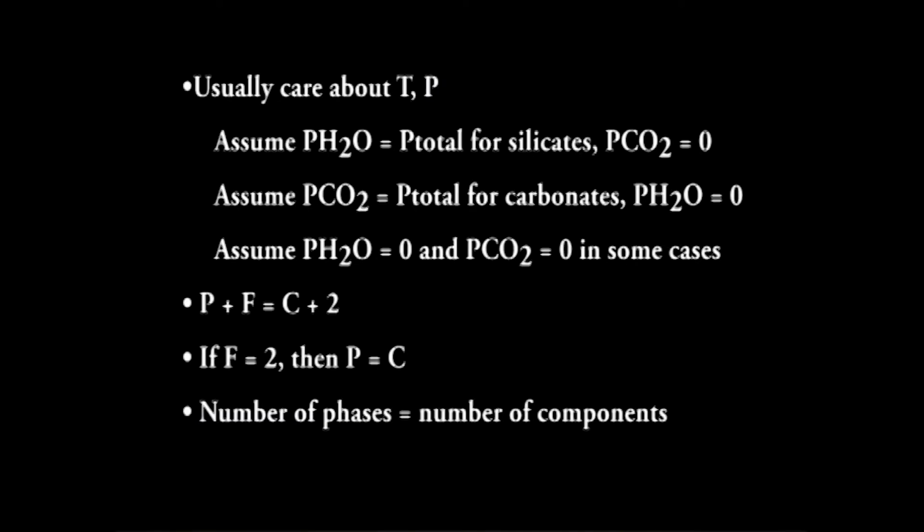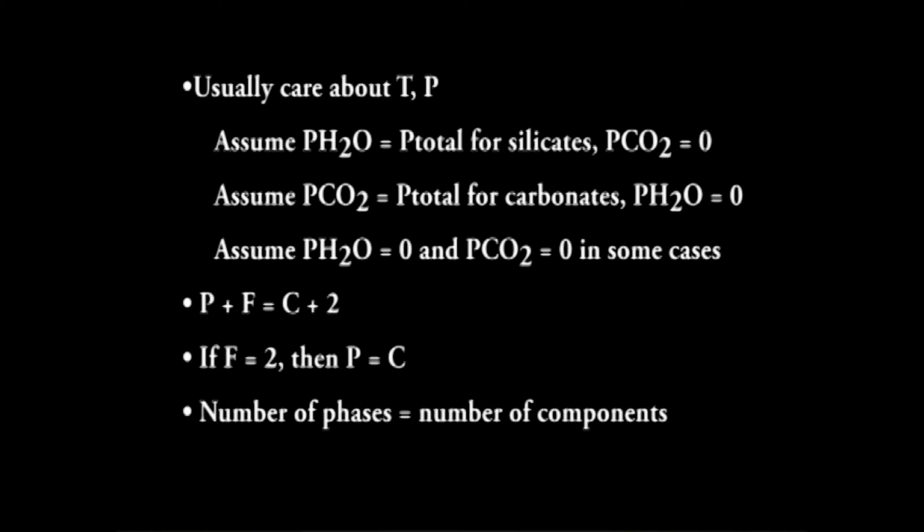Usually we care about pressure and temperature. Assume PH2O equals P total for silicates, with PCO2 equal to 0; assume PCO2 equals P total for carbonates, with PH2O equal to 0; and in some cases assume PH2O equal to 0 and PCO2 equal to 0. Therefore, P plus F equals C plus 2.